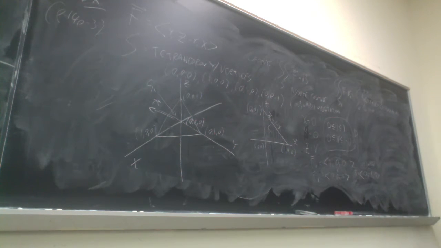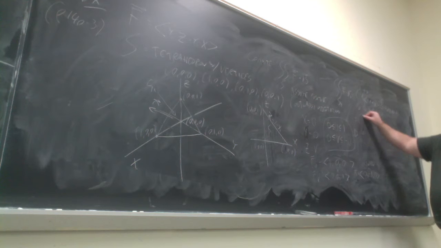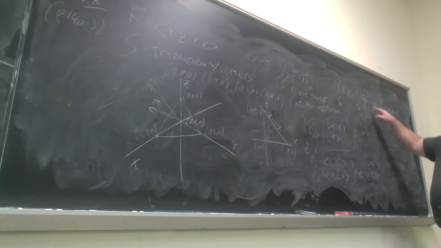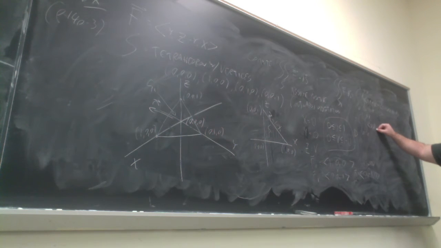The only thing left for the setup is to express this in terms of u and v. I have to use my parametric equations. So y is 0, z is v minus 0, and x is u. Now everything is expressed in terms of u and v.